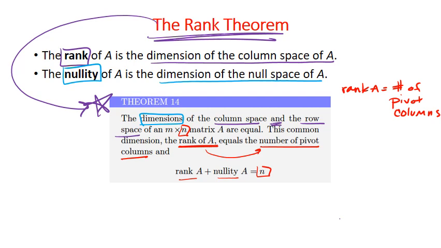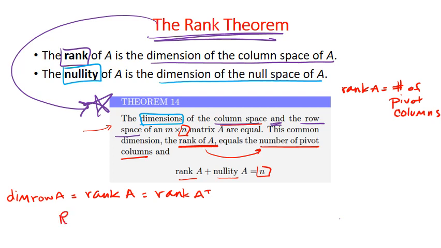Some other things that you will come across. You will see that the dimension of row A is equal to rank A, and that's stated here. It is also equal to rank A transpose, because of the dimensions of the column space.